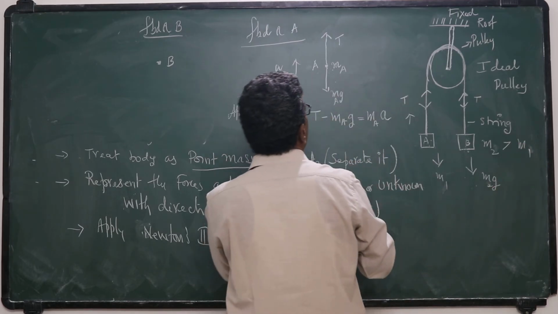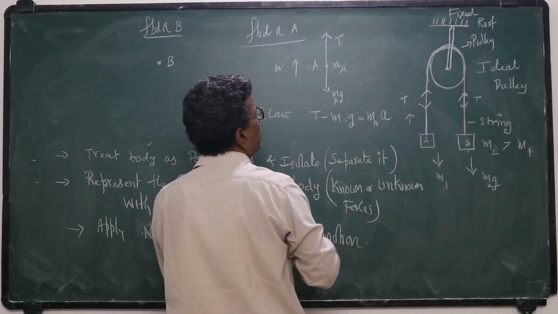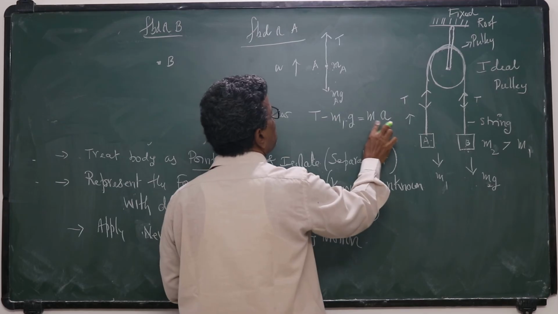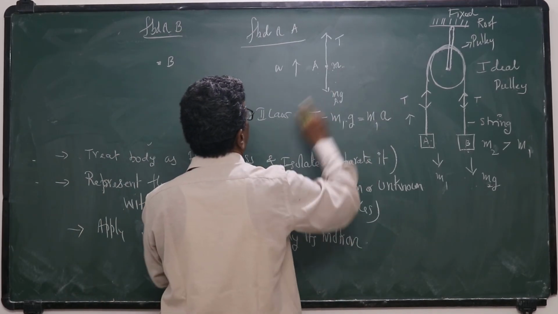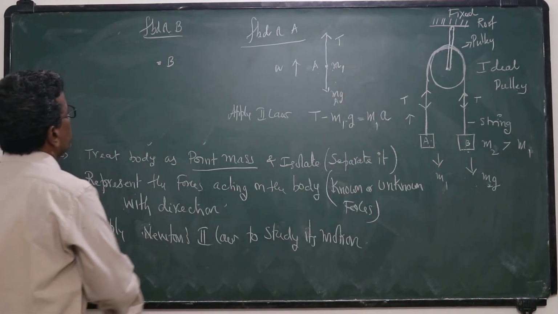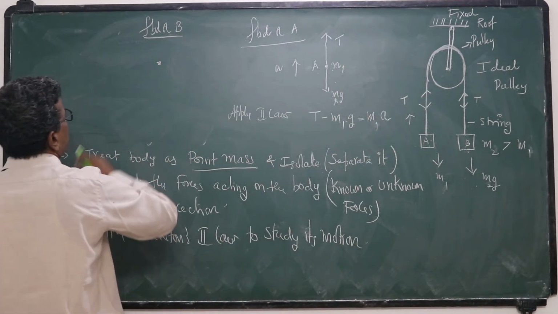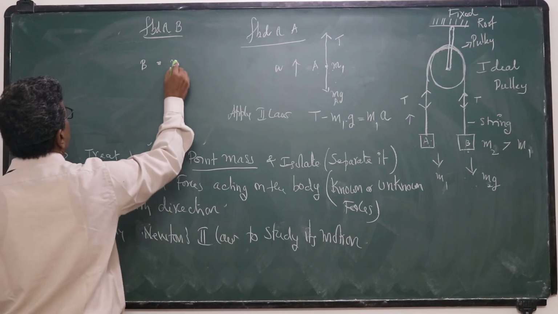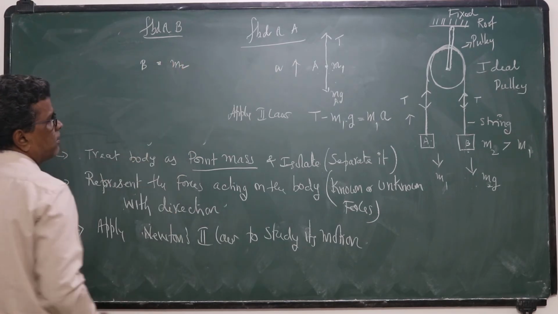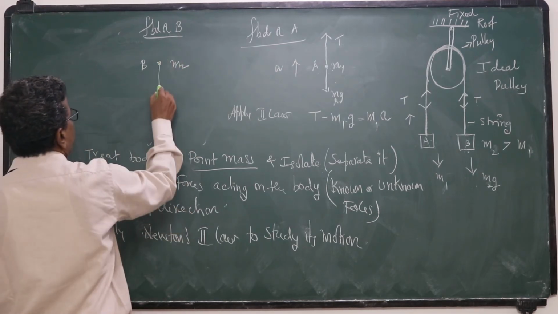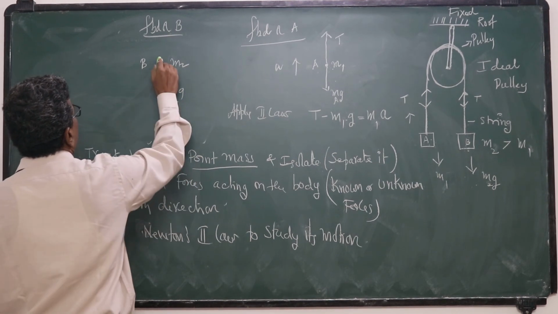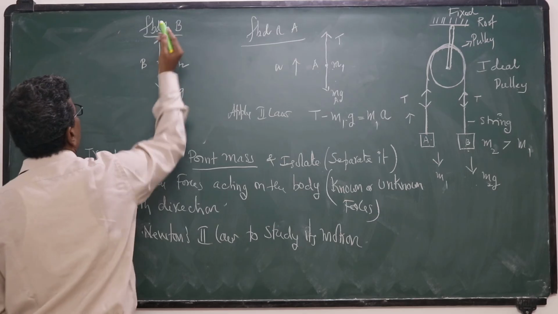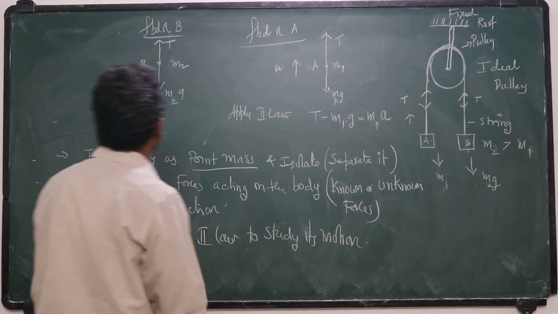I assumed this one as M1 for simplicity. So in this FBD, the block B has the mass M2. What are the forces acting on it? Its weight M2g down and the tension up. So this tension is always a pulling force.